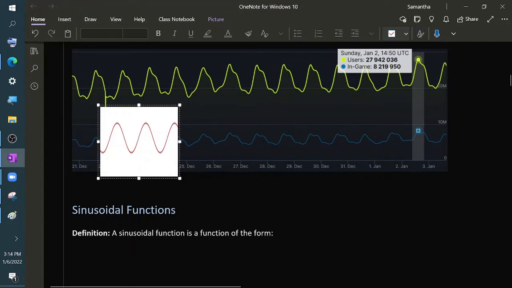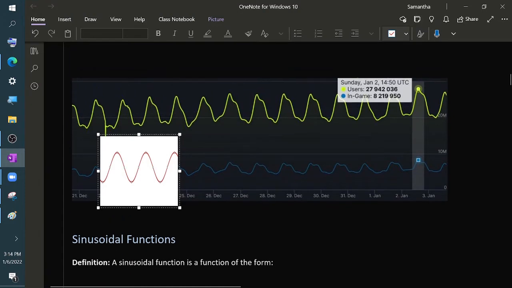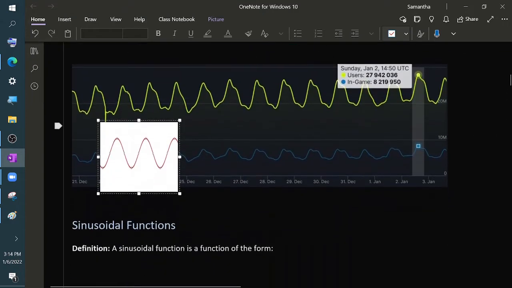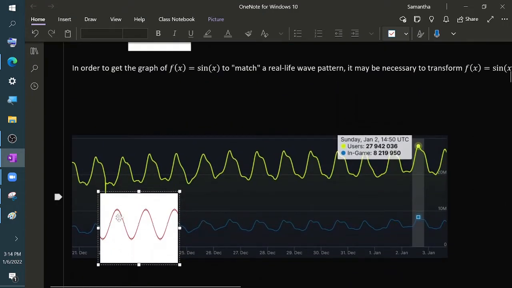And that's what we're going to be studying today and tomorrow: how do we choose the values of a, b, c, and d to give us a sine function whose wave pattern is an exact match to any real-world wave pattern that we happen to be working with?